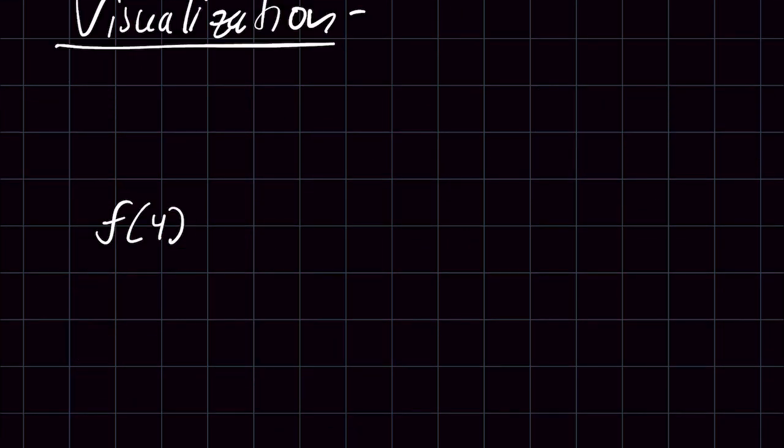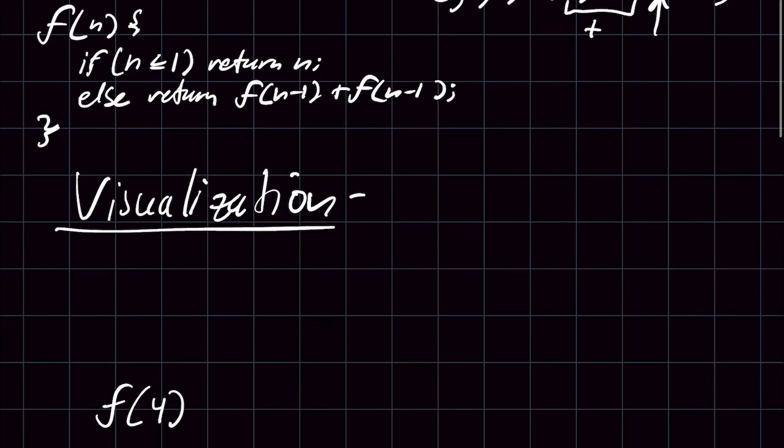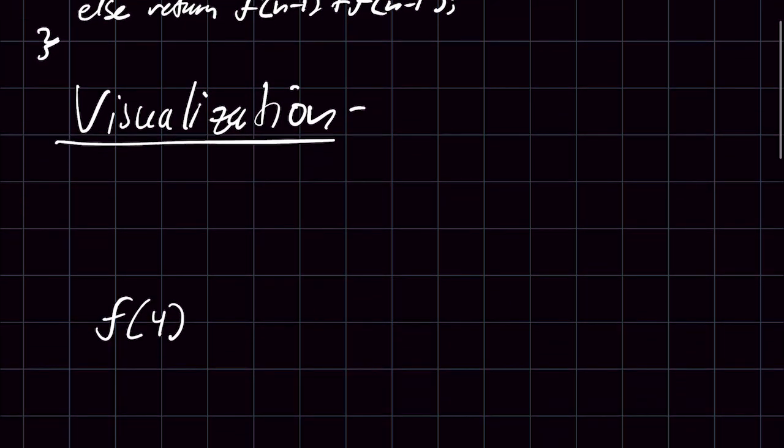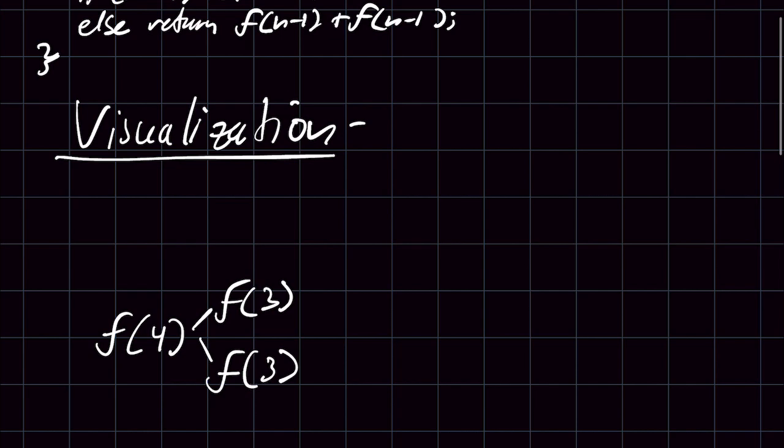Here you pass f of 4. Well, 4 is not less than or equal to 1. So it's going to return f of n minus 1 and f of n minus 1 again. And so that's going to call two functions, each passing n minus 1.